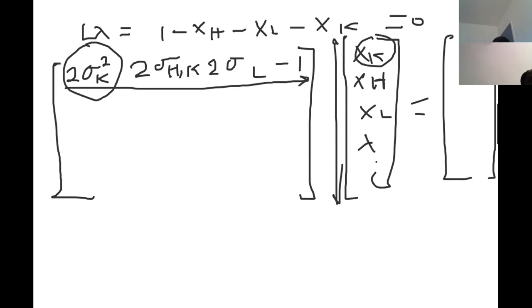2 covariance of HK multiplied by SH will give me the second component in equation 1. And the next one is, sorry, 2XL multiplied by covariance of K and L, right?